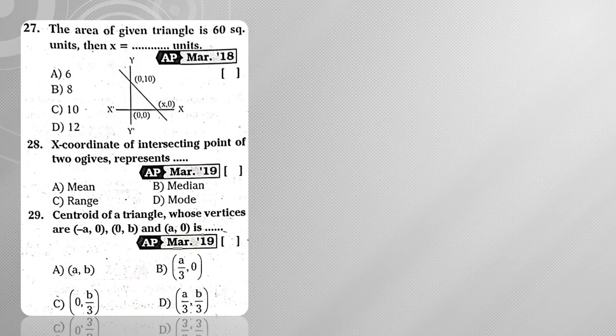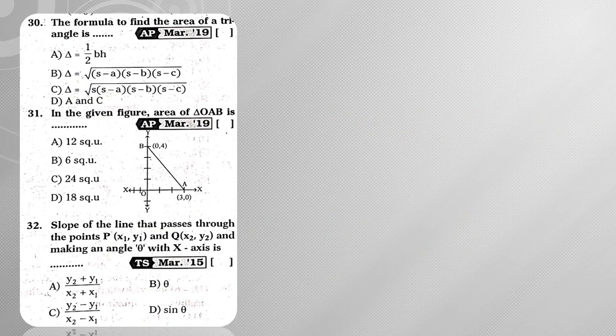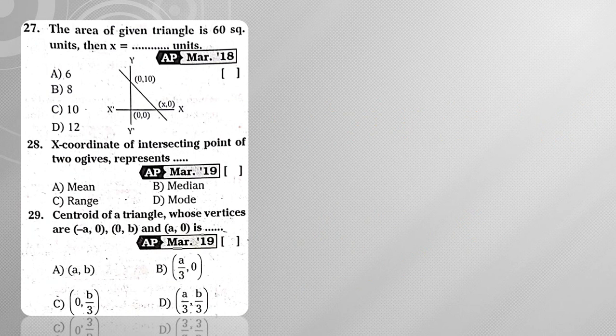Next, moving on to question number 27. The area of the given triangle is 60 square units, then x is equal to. Now if you observe this carefully, here the x and y axes are meeting at the origin. Then this is my right angle. So we can clearly say that this triangle is a right angled triangle.